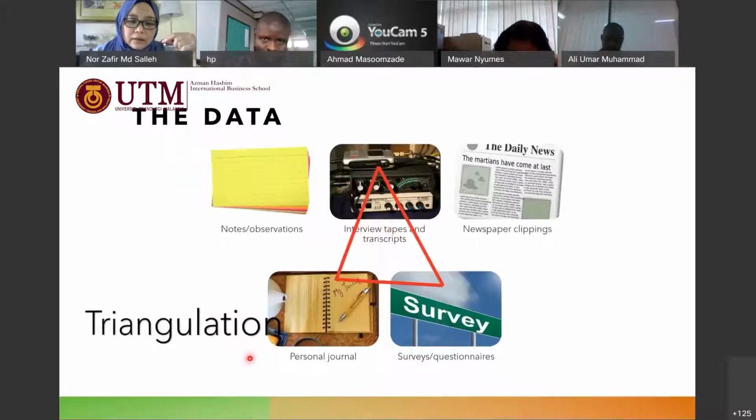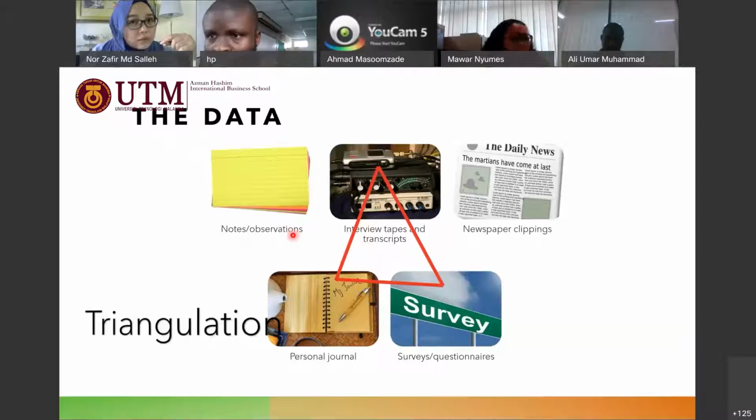Another thing is the data. Where can you get the data? You can get it from the notes that you jot down, which we call a personal journal, during observation.